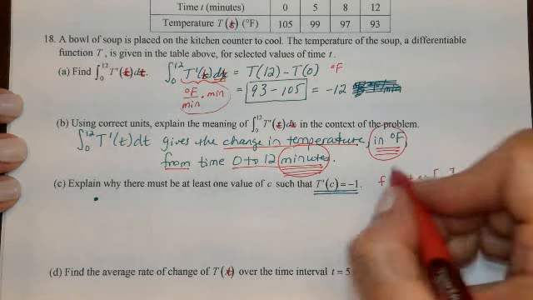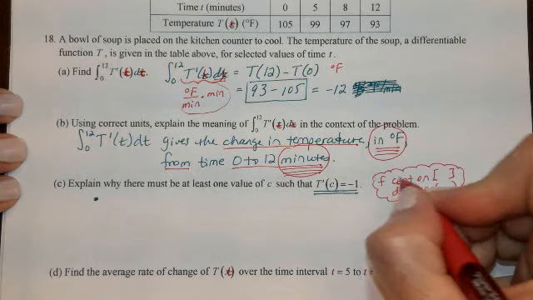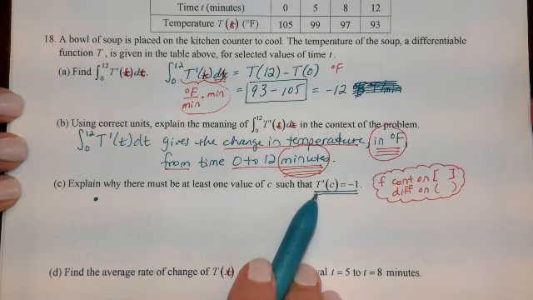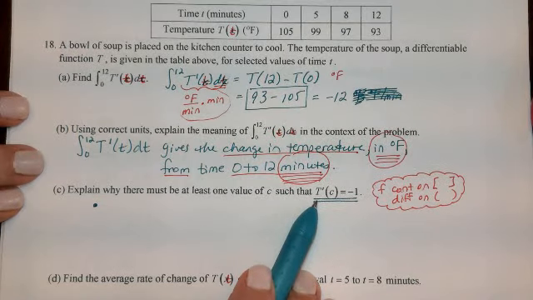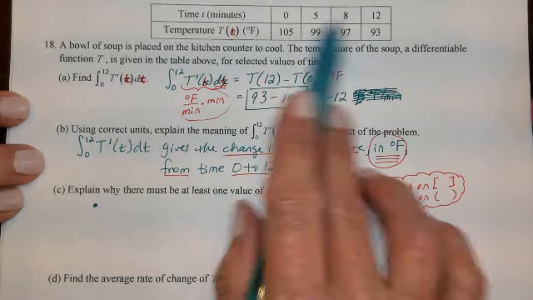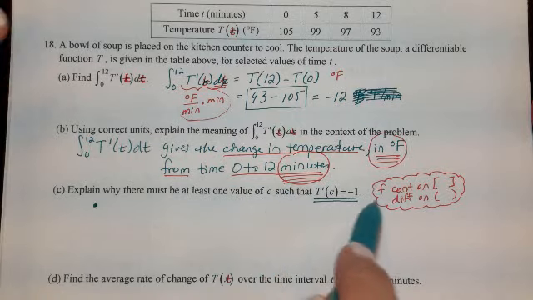Okay? In general, that's the mean value theorem condition. So, our function is capital T. Why do we know that it's continuous on the closed interval 0 to 12 and differentiable on the open interval 0 to 12? Why do we know that?